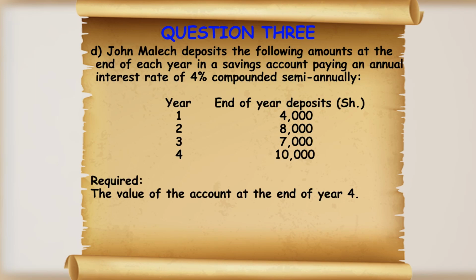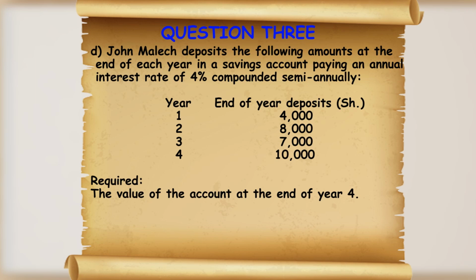So this is a question testing the candidate's knowledge on compounding, which is the opposite of discounting. John Malech deposits amounts at the end of each year. In year 1, Malech deposited 4,000. In year 2, 8,000. In year 3, 7,000 at the end of year 3. Then 4,000 at the end of year 4.